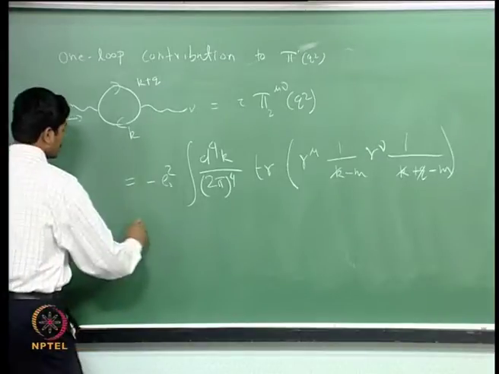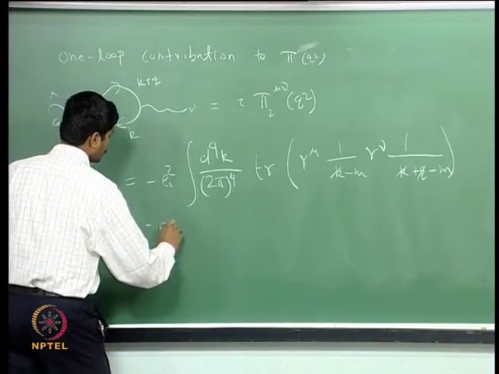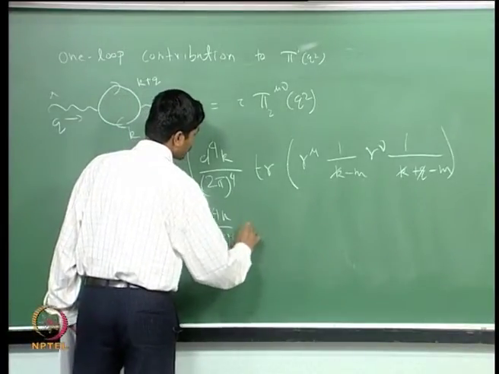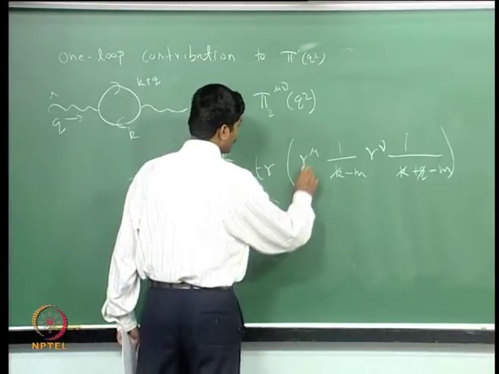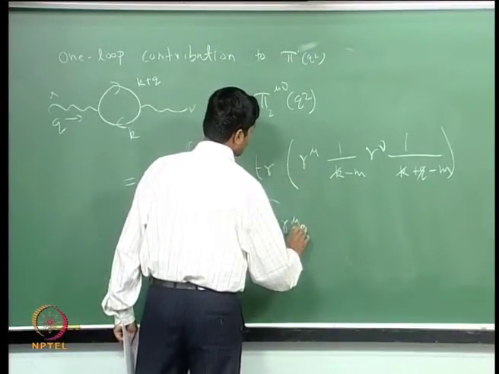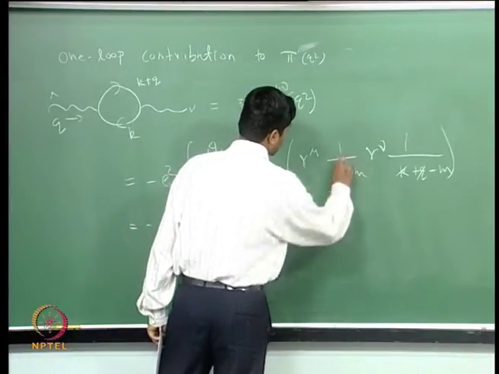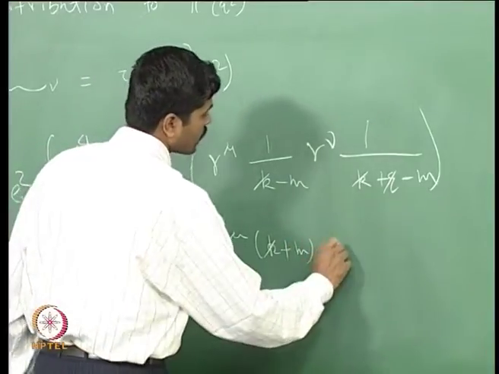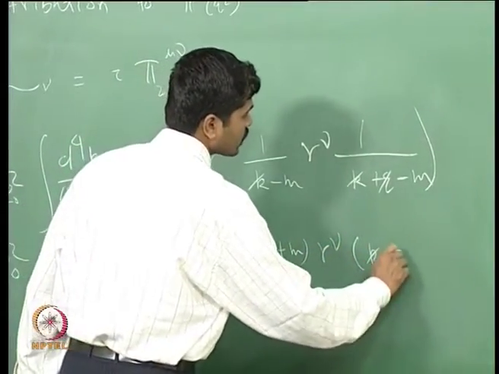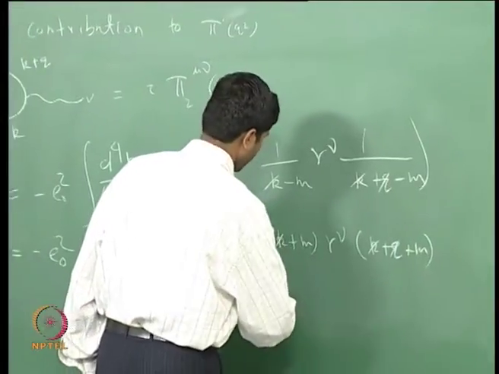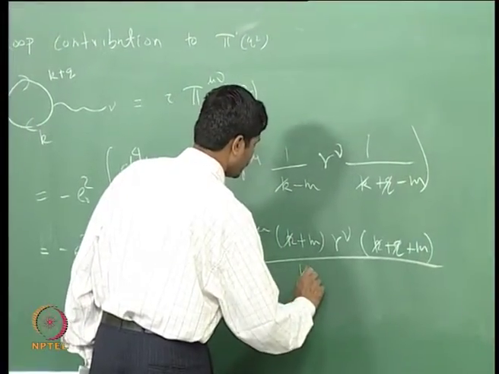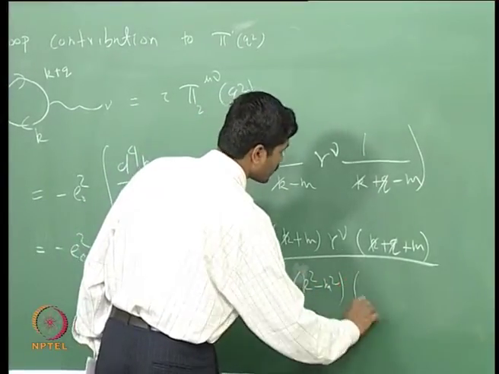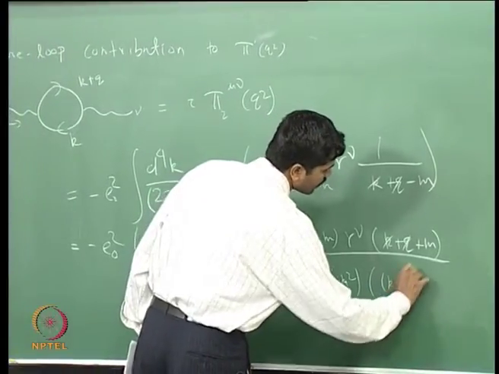So, I will rewrite this term as minus e_0 square d^4k over (2 pi)^4 trace of gamma mu, then k slash plus m, gamma nu, k slash plus q slash plus m, divided by k square minus m square times (k plus q) square minus m square.